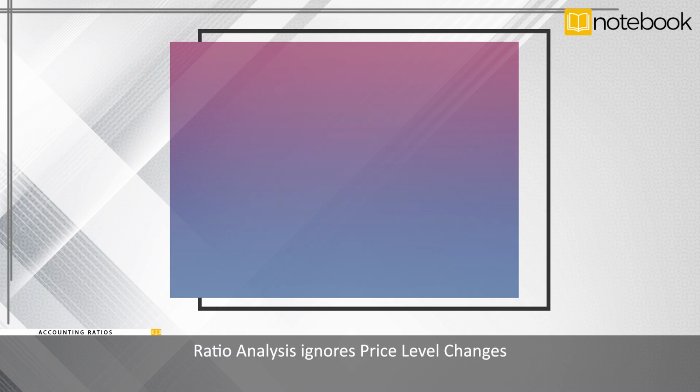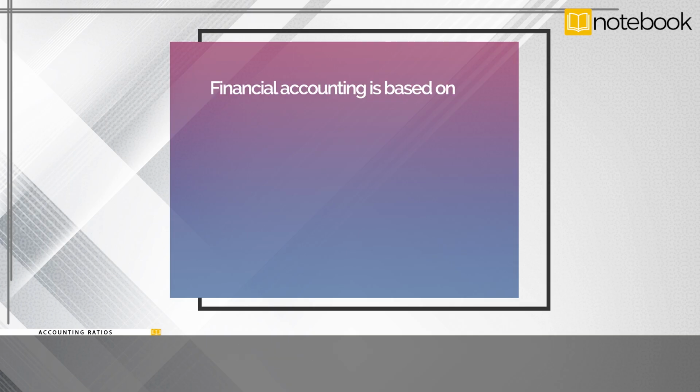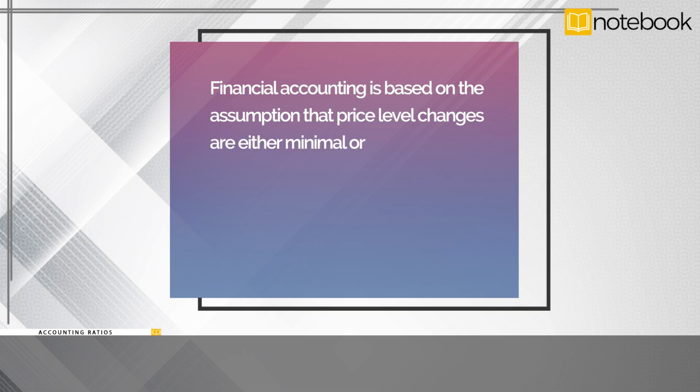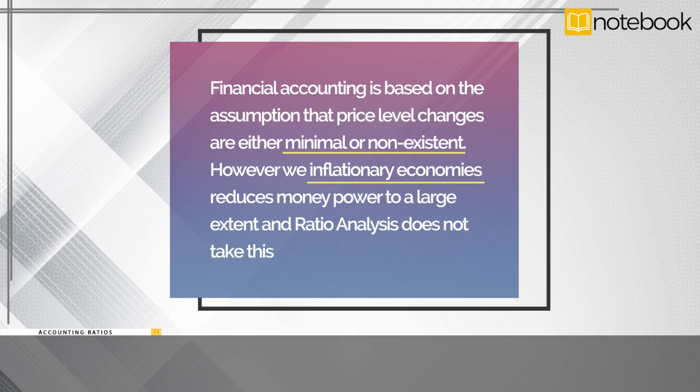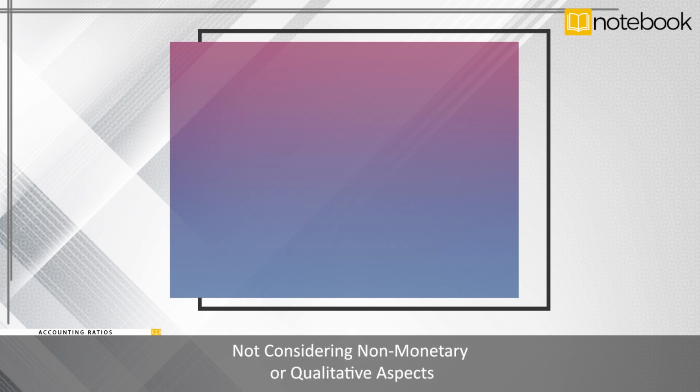Ratio analysis ignores price level changes. Financial accounting is based on the assumption that price level changes are either minimal or non-existent. However, inflationary economies reduce money power to a large extent, and ratio analysis does not take this into consideration. Not considering non-monetary or qualitative aspects.